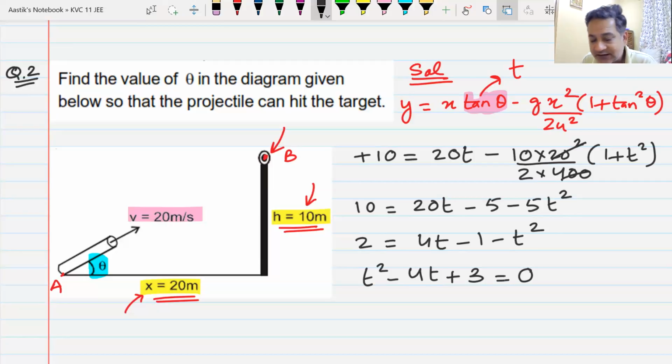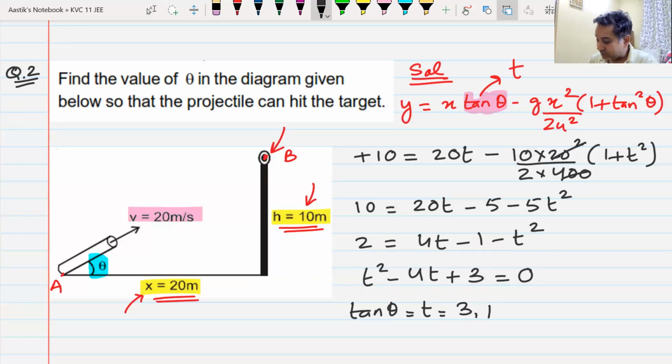What values of tan theta are you getting? T, which is equal to tan theta, is how much? 3 and 1, sir.